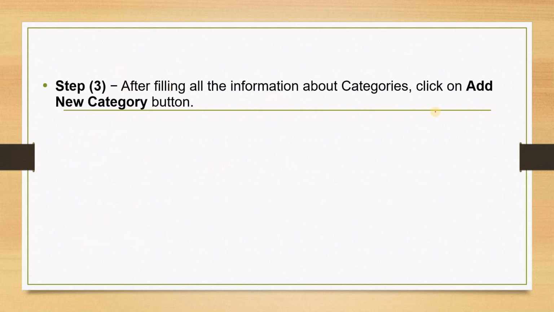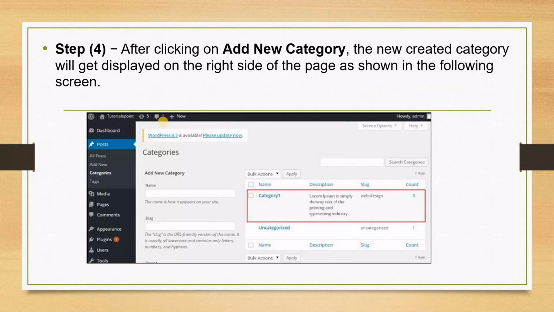Now when you click on that, you will see the new category created is displayed on the right side. Okay. So this is the way by which you can create a category in WordPress.